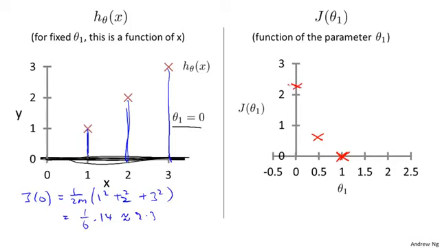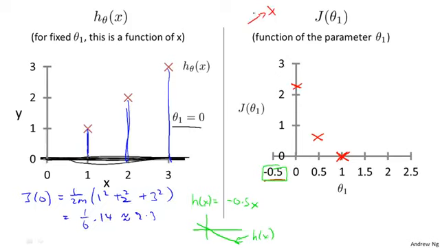And of course, we can keep on doing this for other values of theta 1. It turns out that you can have negative values of theta 1 as well. So if theta 1 is minus 0.5, then h of x would be equal to minus 0.5 times x, and that corresponds to a hypothesis with a slope of negative 0.5. And you can actually keep on computing these errors. For minus 0.5, it turns out to have a really high error.